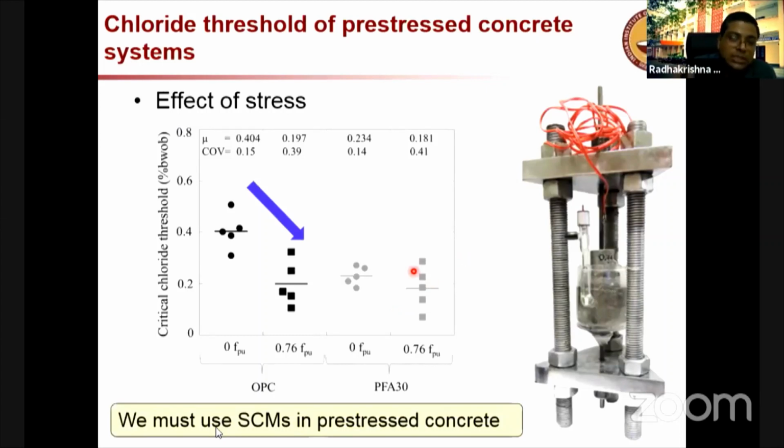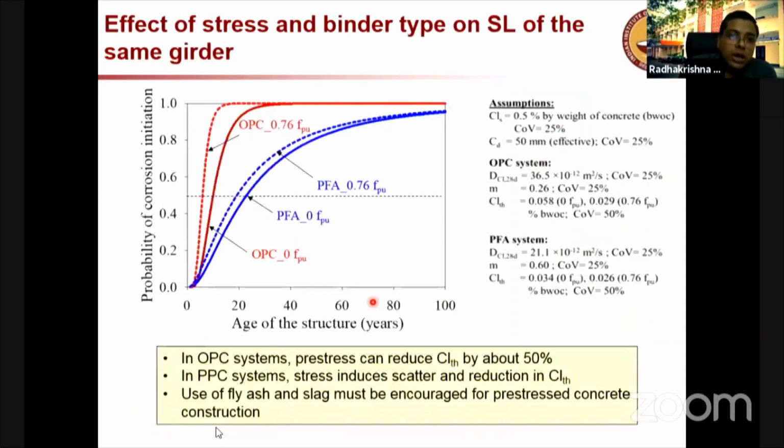Why I'm saying this is, there is still a lot of hesitation in using fly ash and slag in prestressed concrete systems. So it's high time that we change this. We have to use SCMs in those types of concrete systems also. Now, this is the effect.